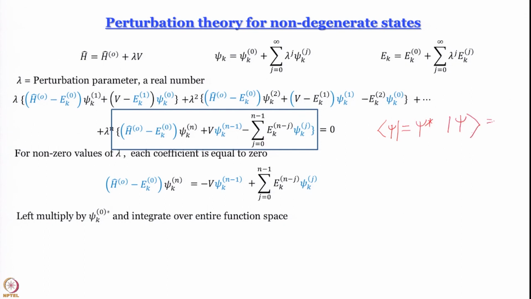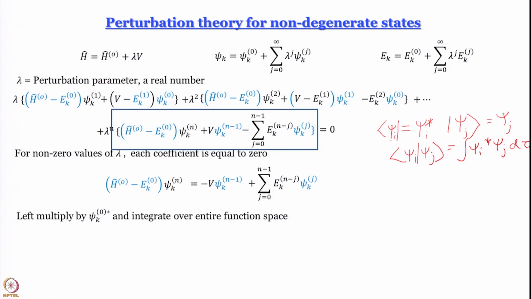Psi in ket vector essentially means psi, and we will write psi_i and psi_j. Then when we combine, this is called a bracket, bra psi_i ket psi_j, and this essentially means the integral over all space of psi_i star psi_j d tau. It is as simple as that. I think we have said it several times earlier, but still just in case somebody is confused.